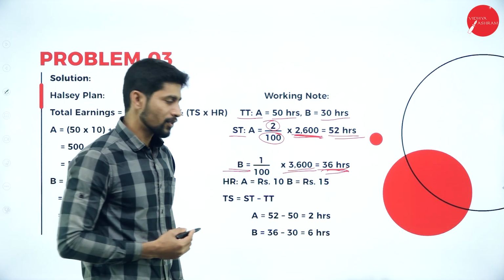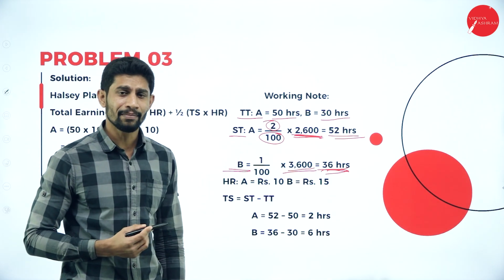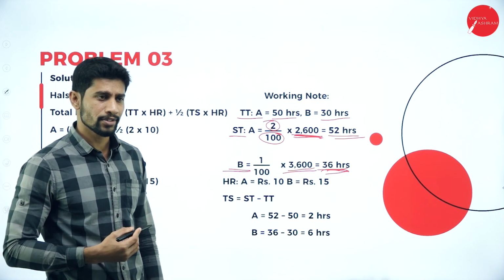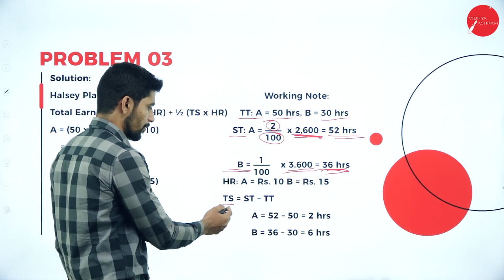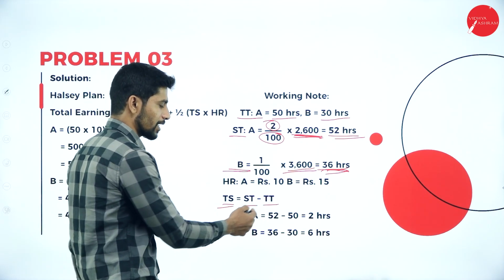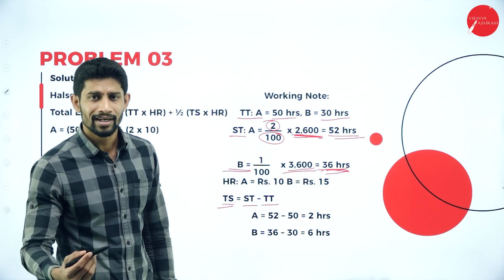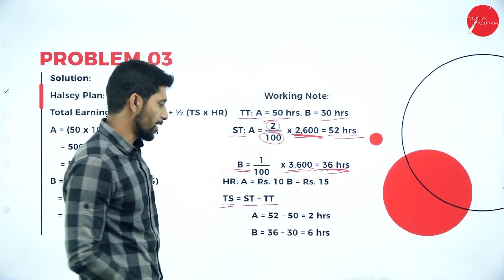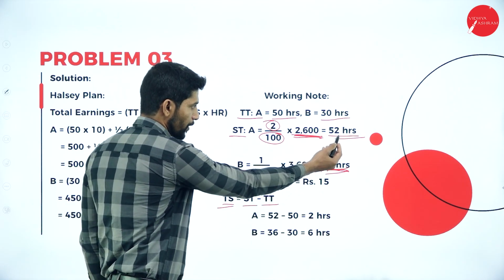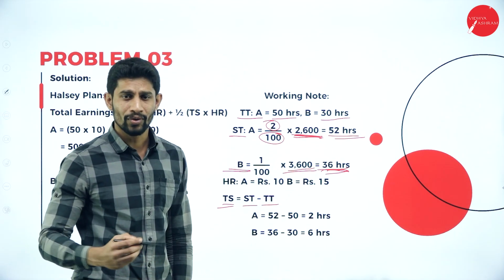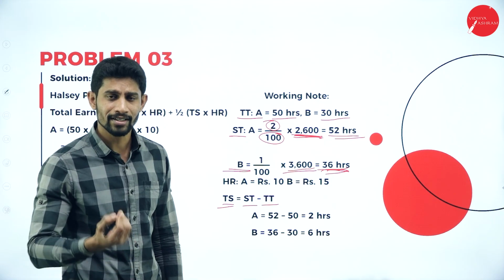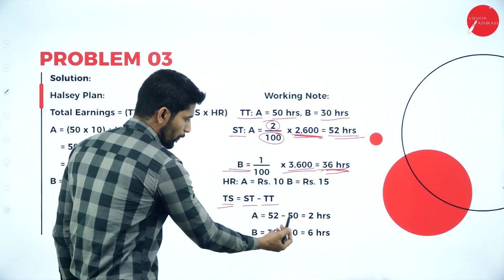Now here you can find out the time saved. So how to find out time saved? Easy. Time saved equals standard time minus time taken. Standard time of Mr. A is 52 hours, as we just found. The time taken by Mr. A is just 50 hours. So the difference is 2 hours.